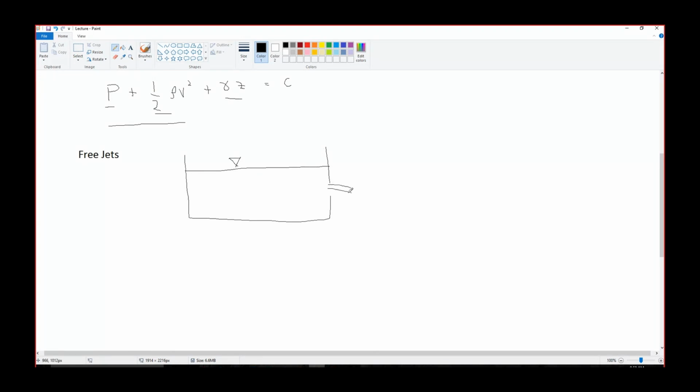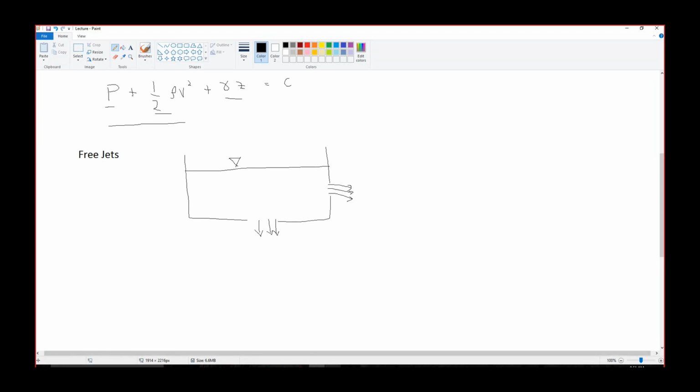The fluid will come outside under the action of what? Gravity. It will not be aided or forced flow. It will be natural flow, right? There may be a rupture at the bottom here, and the flow will be under the action of the gravity, right? So this sort of flow is called free jet. Clear?